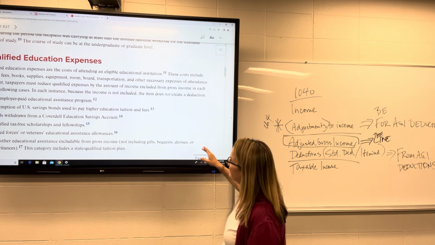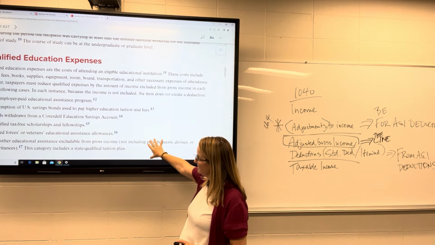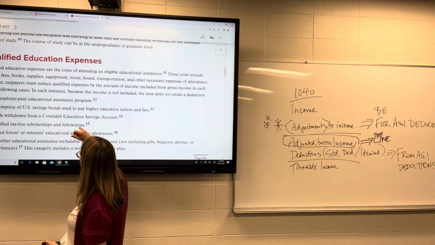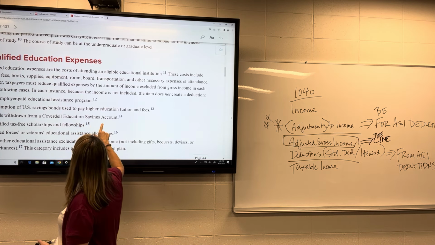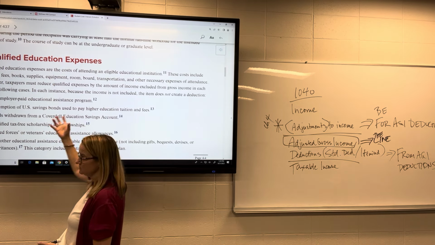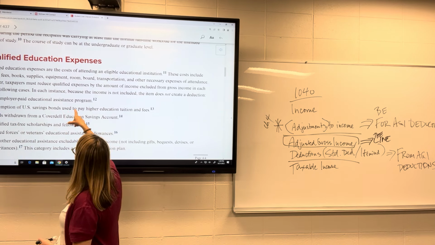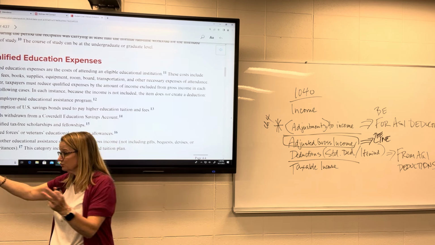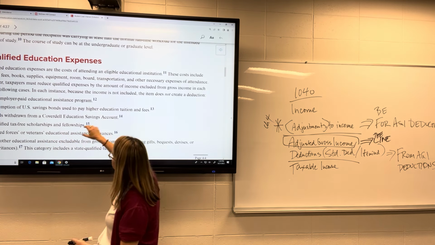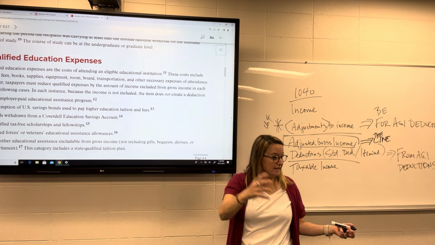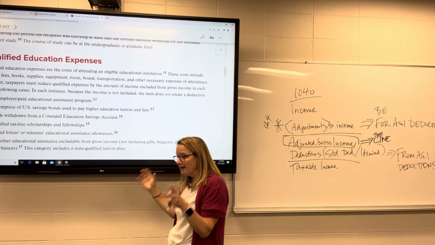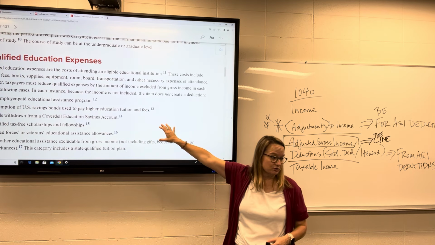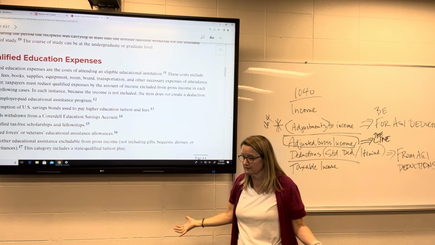Now, if any of these items were received, so those tax-free scholarships that we talked about last chapter, if amounts were withdrawn from any of those educational savings accounts to pay for school, if you had any tax-exempt savings bond interest and it was tax-exempt because you used it to pay for school, or the employer gave you any educational assistance, those amounts cannot be included in the calculation for student loan interest purposes, because essentially you'd be double dipping, right?